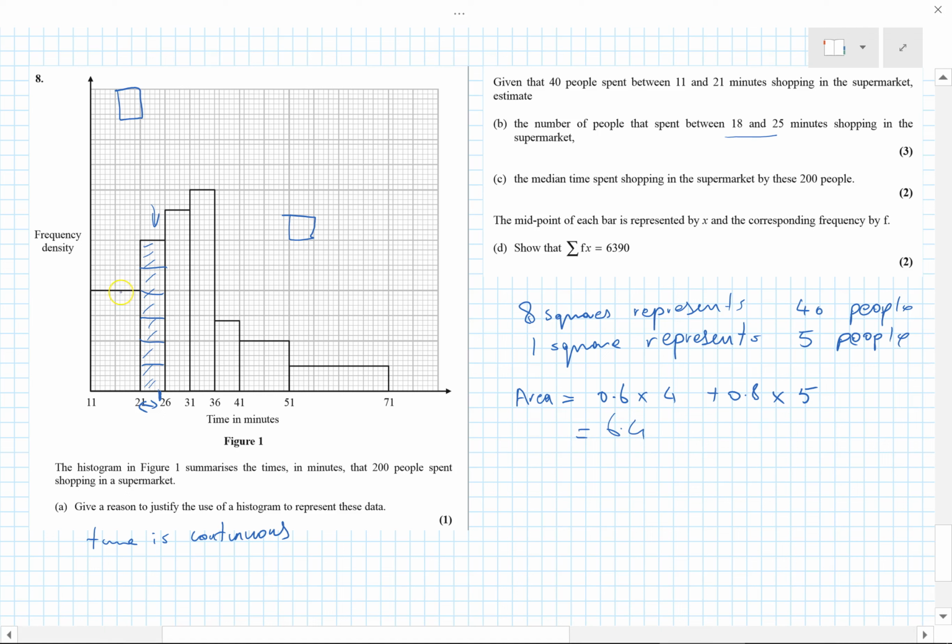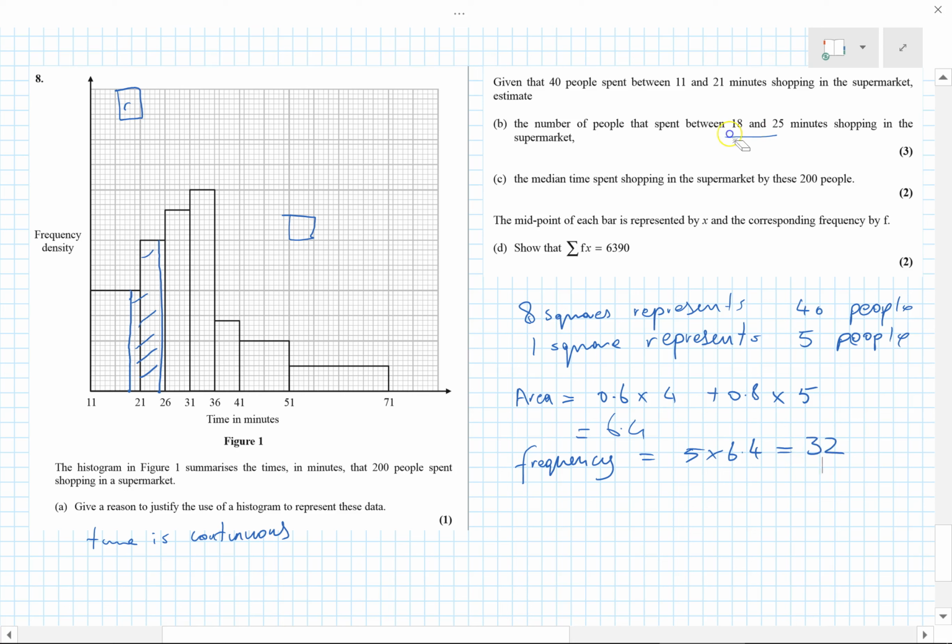If we go back to the actual area we found, that area is 6.4, and if we call each square area 1, each square represents 5, so the frequency here is 5 times 6.4, which is 32.